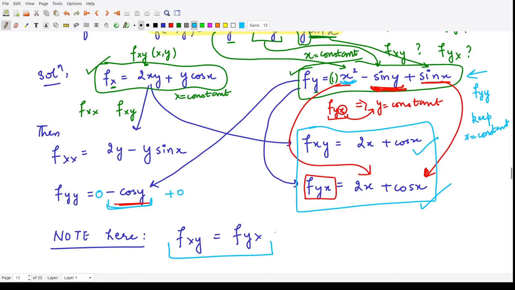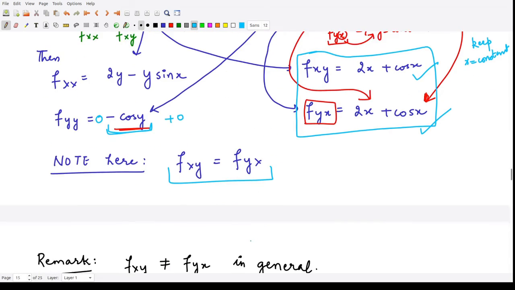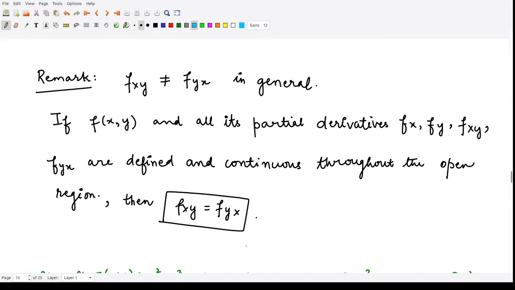But this in general is not true. That means we cannot every time conclude that whatever this quantity f of xy is, it is equal to the quantity f of yx.